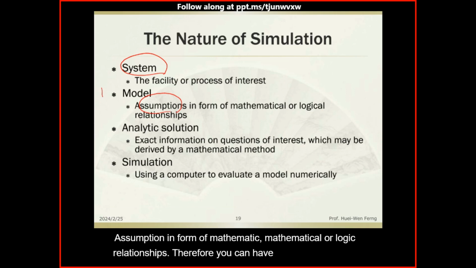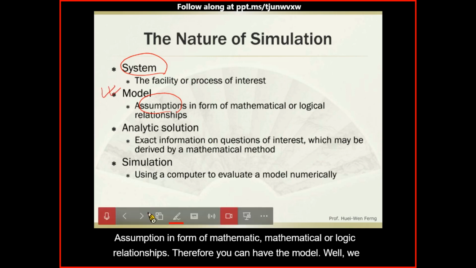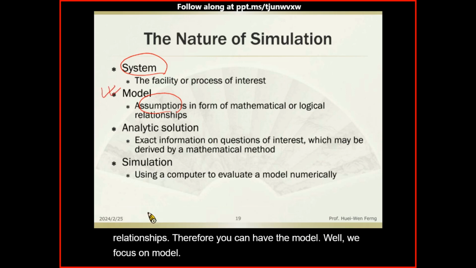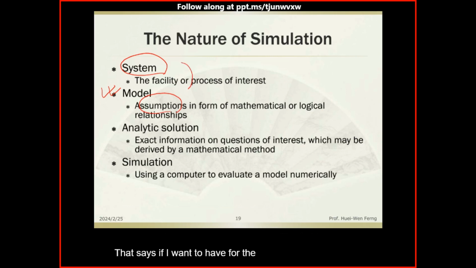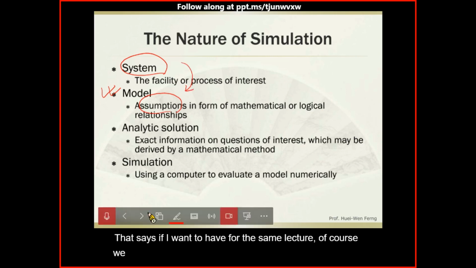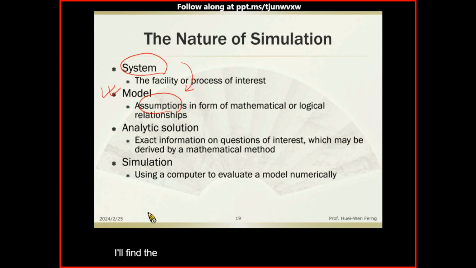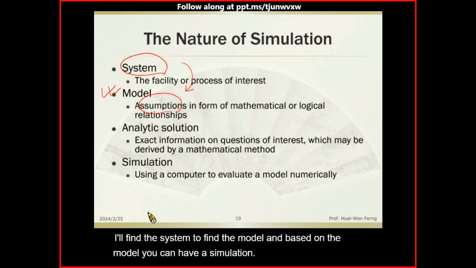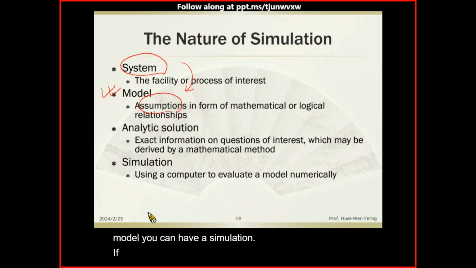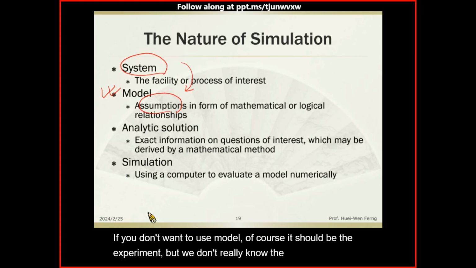Well, we focus on the model. That says if we want to have the simulation, of course, we need to find a model for the system. From the system we find the model, and based on the model, you can have a simulation. If you don't want to use a model, of course, it would be an experiment. But we don't really do the experiment. We really have the simulation. Therefore, we need to have the proper modeling for the system.